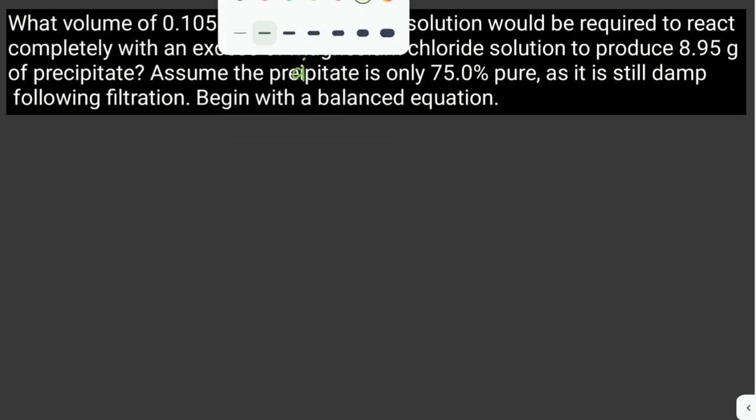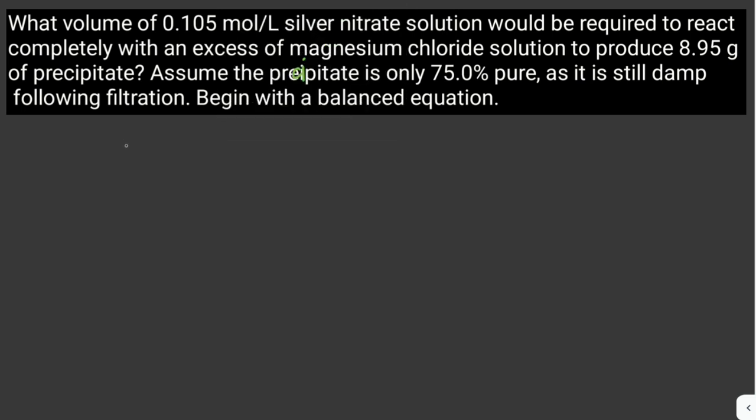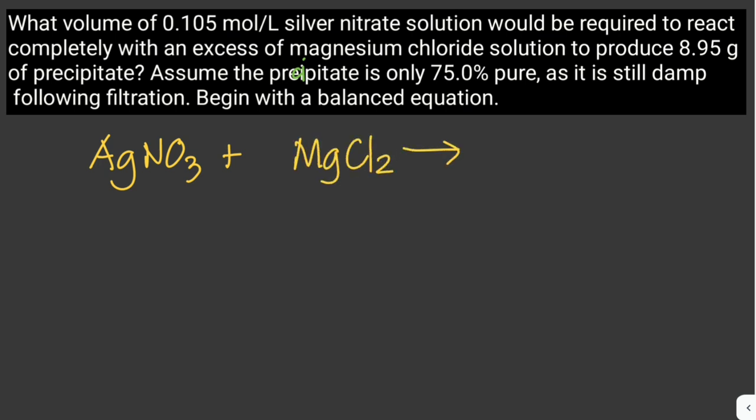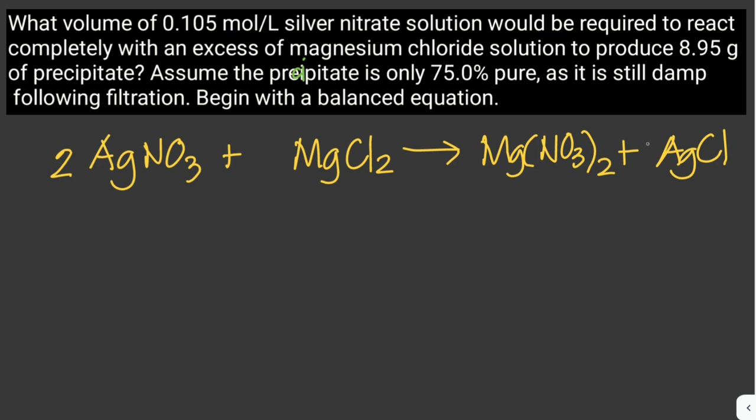Silver nitrate reacts with excess magnesium chloride. This would produce magnesium nitrate and silver chloride. We balance this reaction, so we have 2 nitrates, 2 silver, so 2 silver there. All right, so our equation now is balanced.